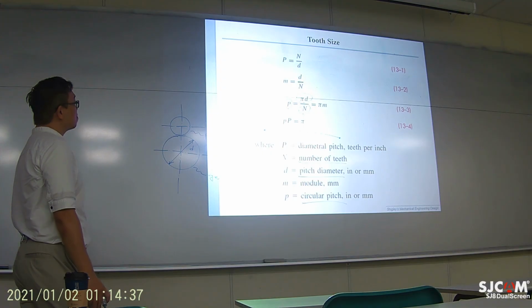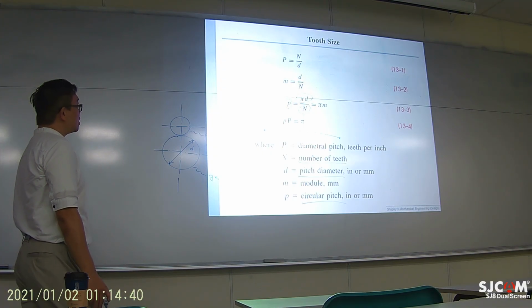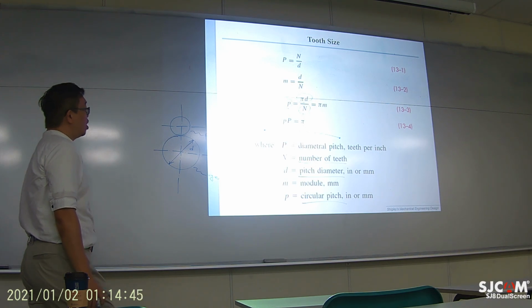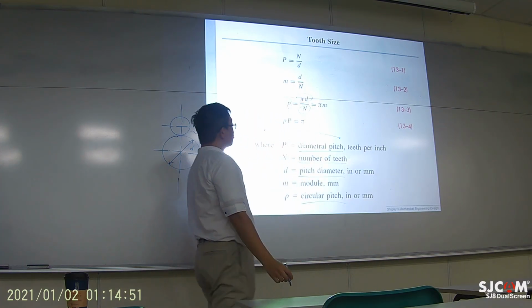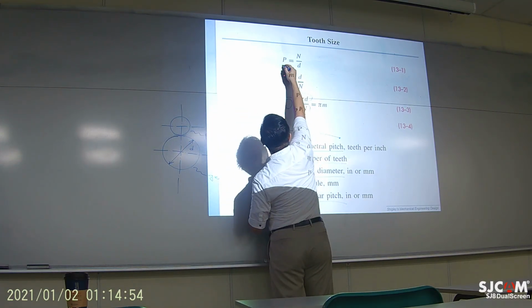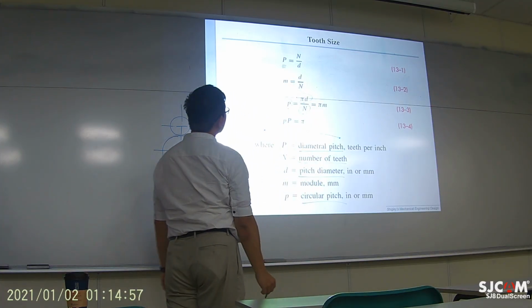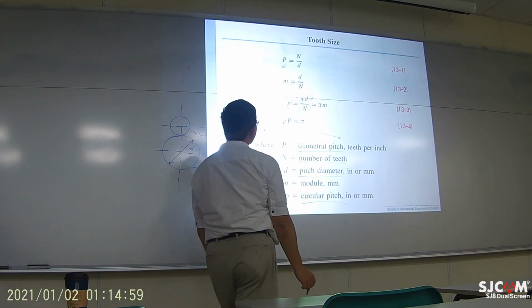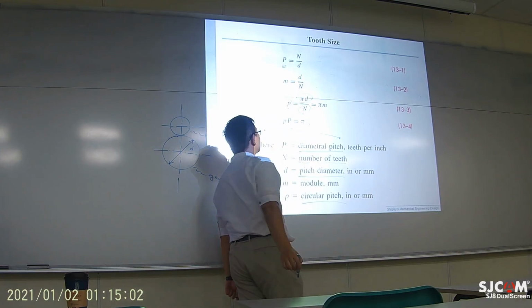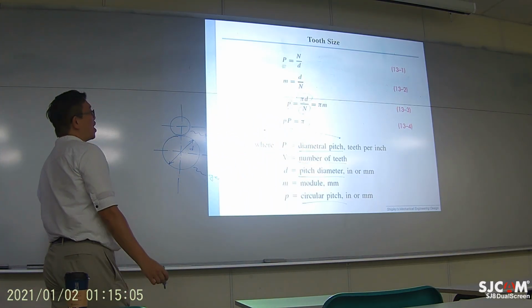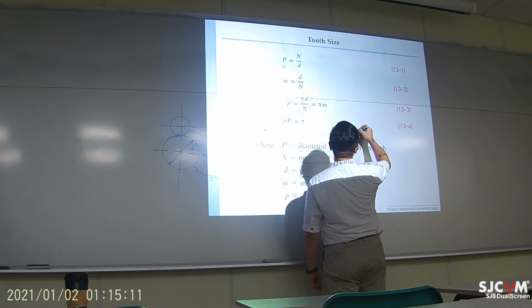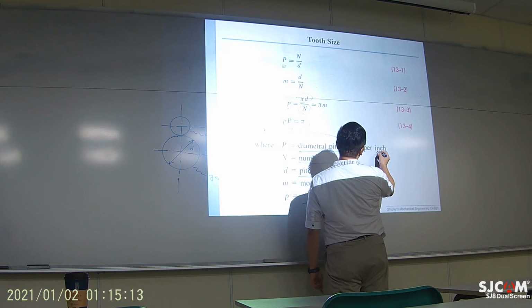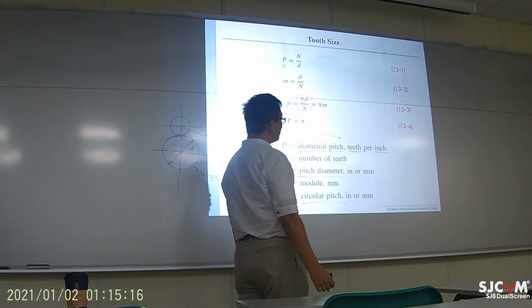Now, we will define a value called diametral pitch. Diametral pitch is the capitalized P, the big P. It has a relationship with the small p, like this: small p times the big P equals pi. So diametral pitch is number of teeth over diameter.